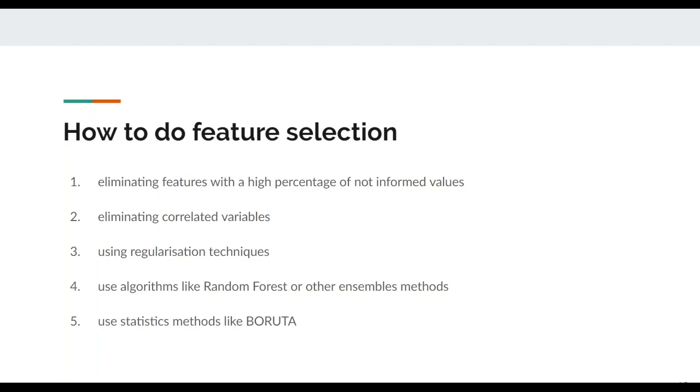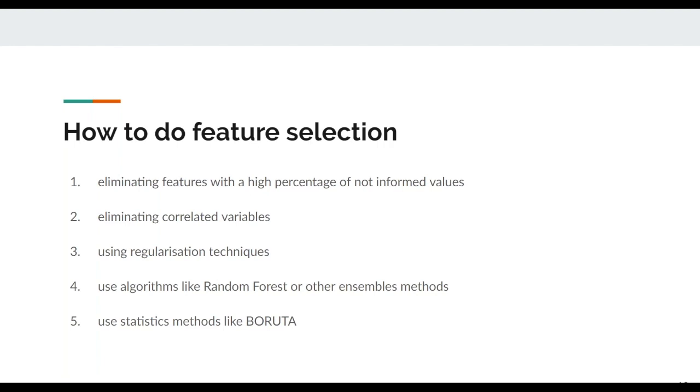Another point is to eliminate variables that you know are highly correlated. So if you know that these are very, very strongly connected and they don't really bring something more, you can get them out. And using regularization techniques from statistics, you can ensure whether those variables are connected to each other or not, group them and identify what can be kept.